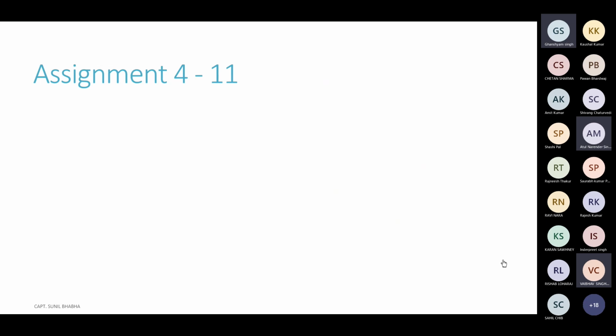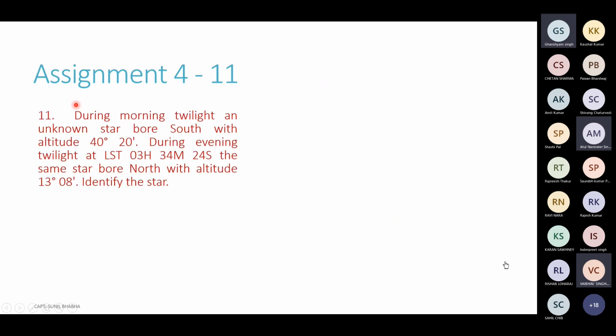Let's now go into our first question based on the rational horizon diagram. The question says: during morning twilight, an unknown star bore south with an altitude of 40 degrees 20 minutes.